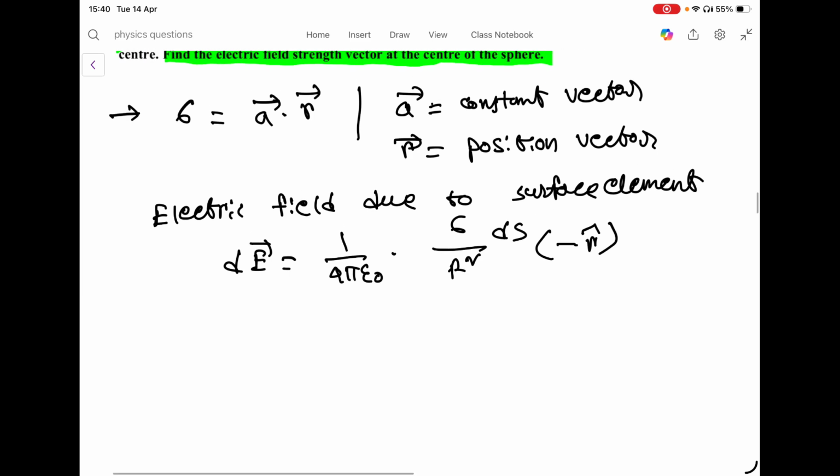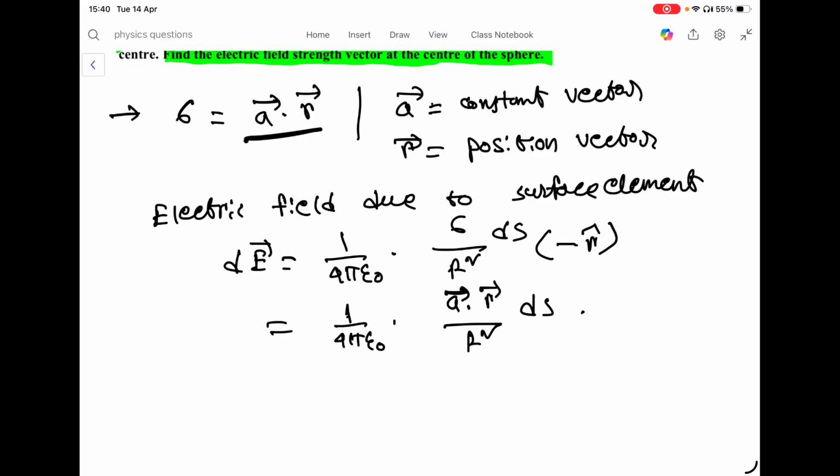Okay, now we just put the value of sigma. What is sigma? Sigma equal to A vector into R vector. So you will get 1 by 4 pi epsilon naught into A vector into R vector by R square into ds into minus R cap. Right?